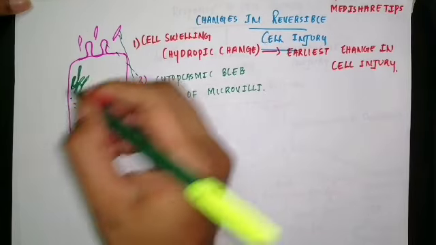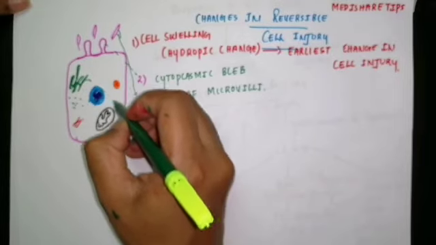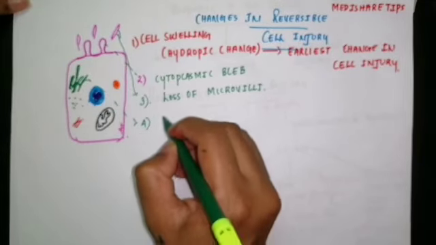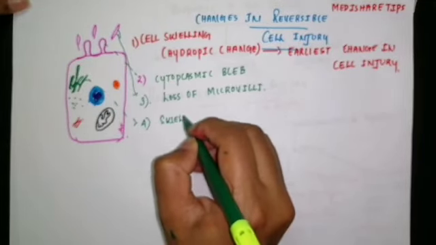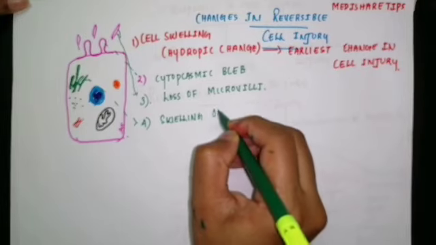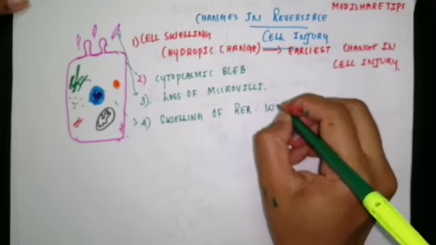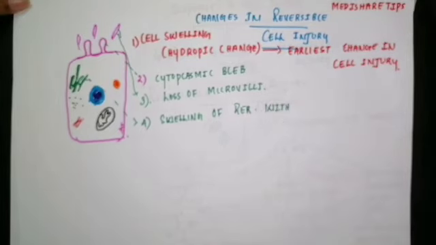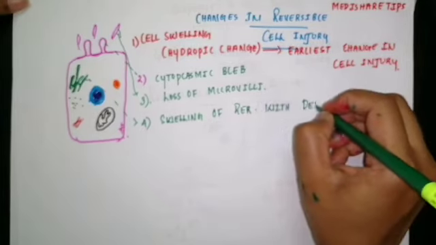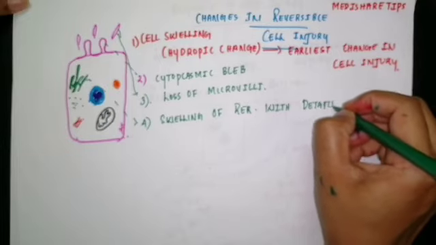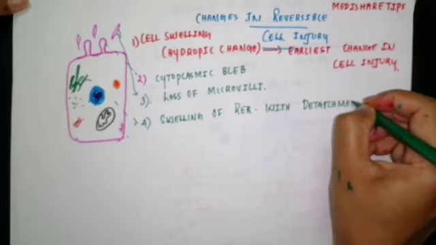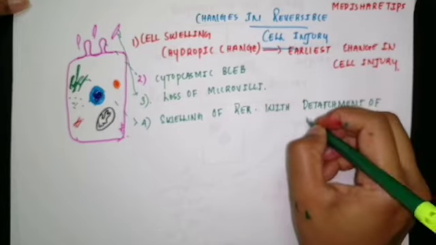And we have seen that the rough endoplasmic reticulum also gets swelled up. So swelling of rough endoplasmic reticulum (RER) with detachment of ribosomes from the rough endoplasmic reticulum.